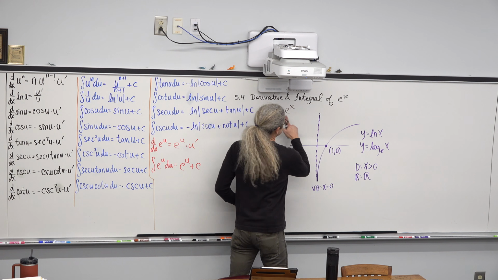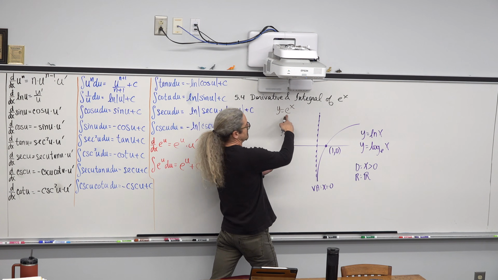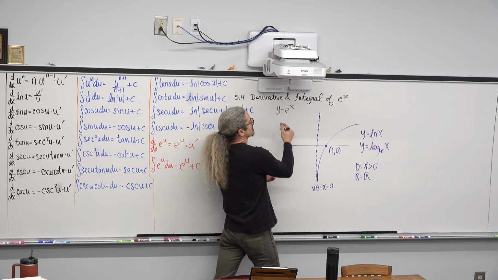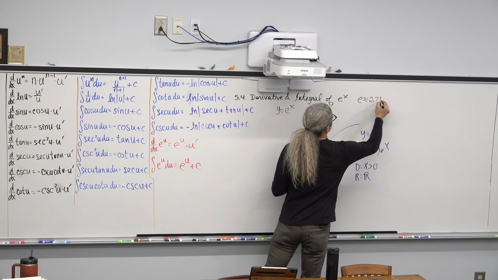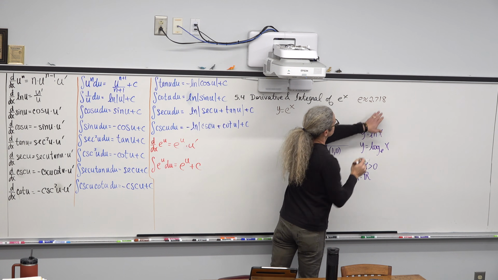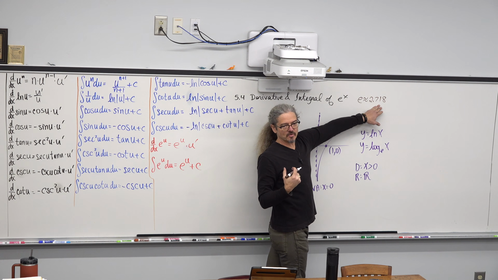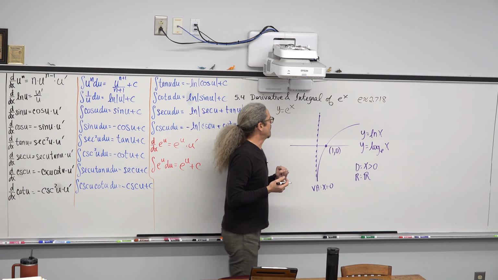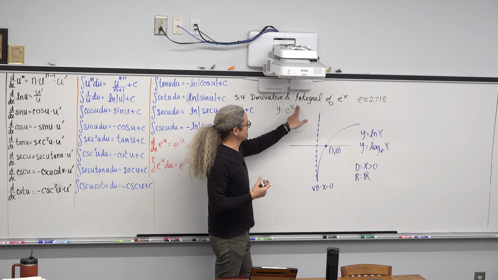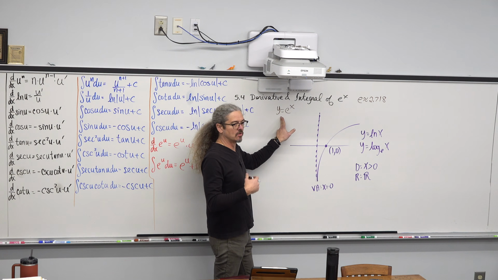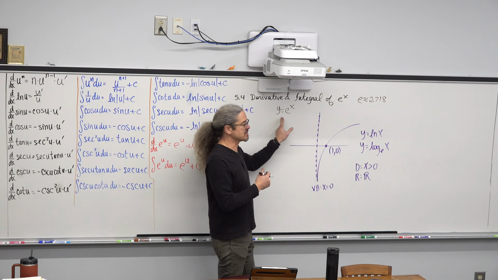E is approximately 2.718. It's an irrational number very similar to pi, but more complicated to explain where it comes from. And that base is bigger than 1, thus you have a fixed base and variable exponent. This is exponential growth with the base larger than 1.